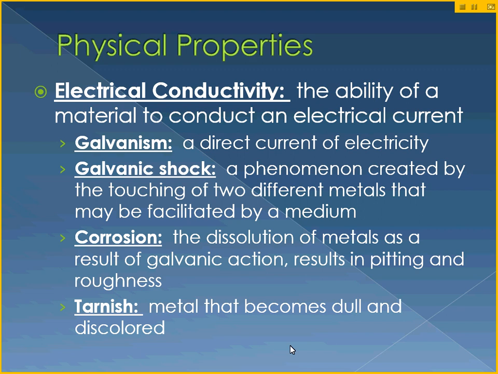Corrosion and tarnish are two things that as hygienists we look out for around our amalgam restorations, because they do tend to break down, they do tend to tarnish, become discolored. They will go from a bright, shiny silver to a blackish color. And corrosion creates little pits and rough areas on those amalgams.